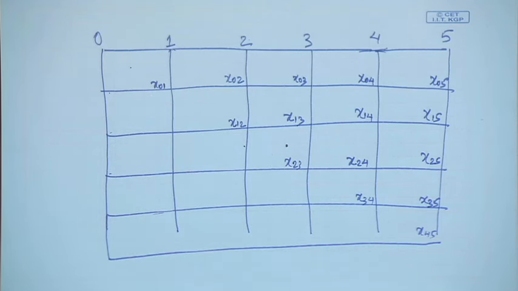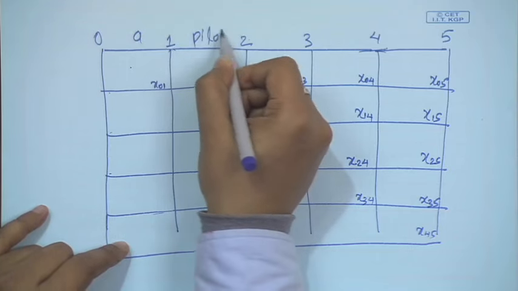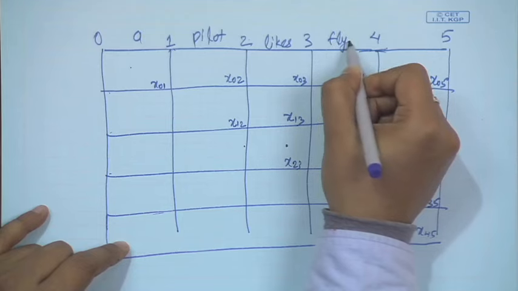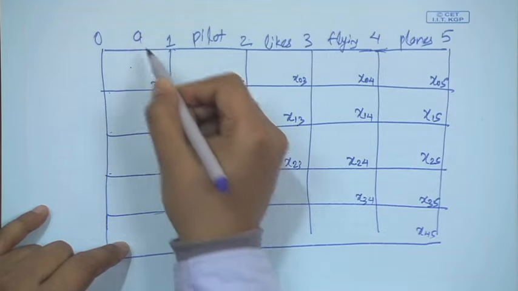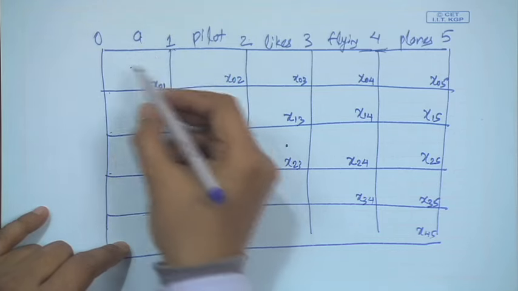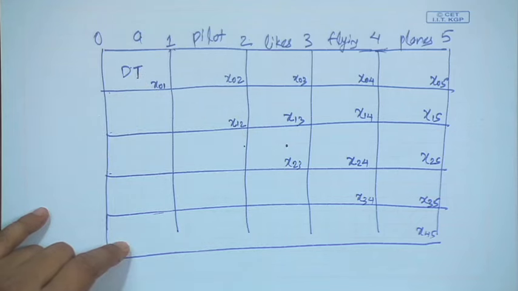x01. What is x01? My word is a. So a pilot likes flying planes. So is there a non-terminal that derives the word a? And if you see the grammar, DT derives a. Okay, so you can fill in DT here. DT derives a.